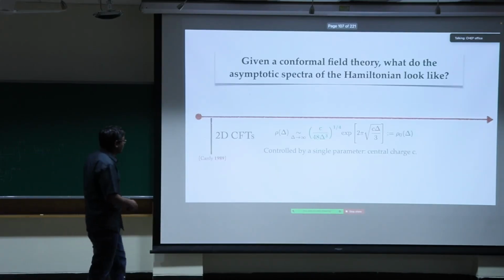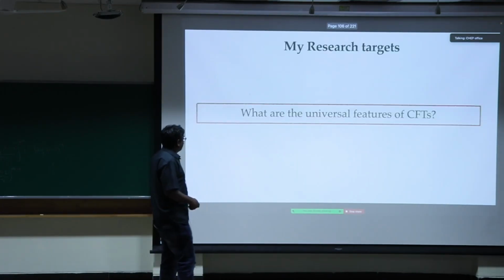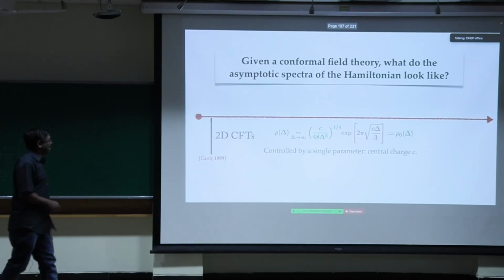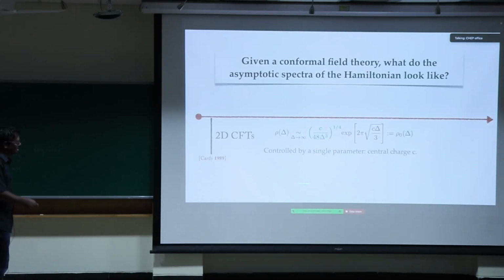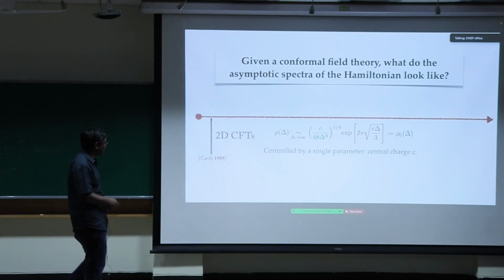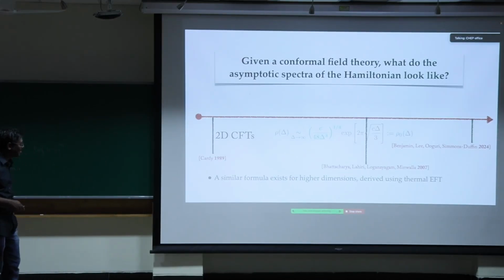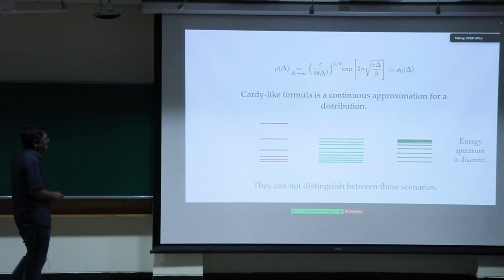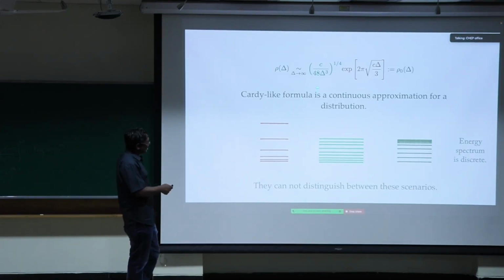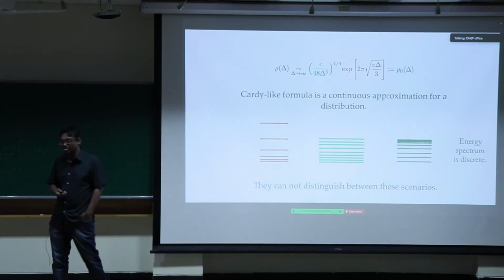Okay, good. So what are the universal features of the CFT? There is this Cardy formula which is controlled by the central charge, I already told you. And in higher dimension you can also write down similar formulas using thermal EFT. But these formulas have a problem, because I am telling you this is the average density, but I am not telling you which of these three possibilities are possible.